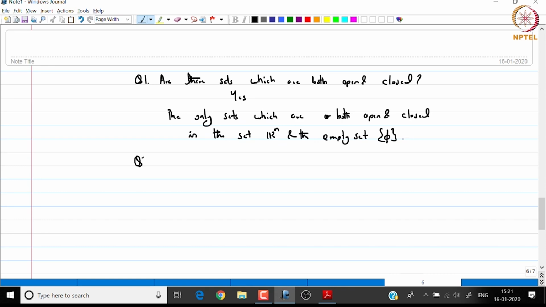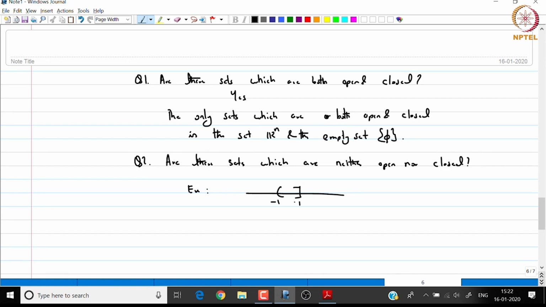So question 2 was, are there sets which are neither open nor closed? Well, on the real line, you can have sets which are like this, say this is -1 and 1.